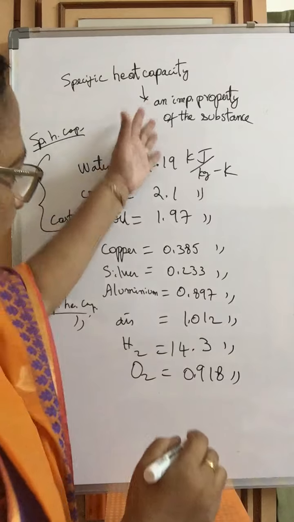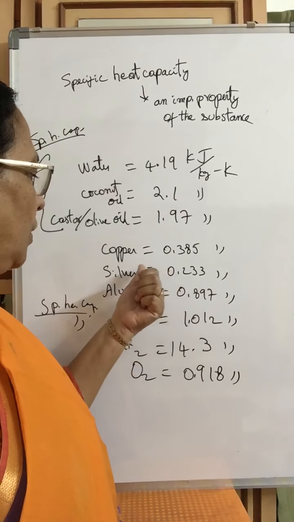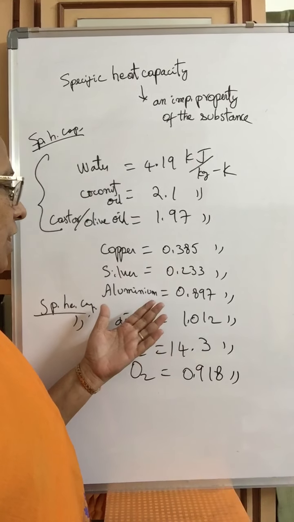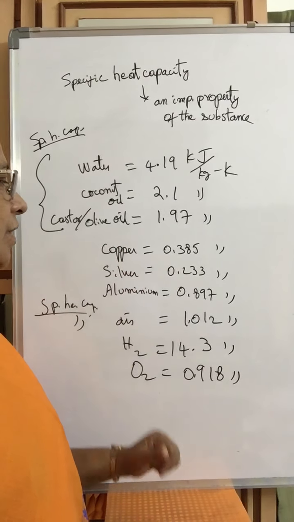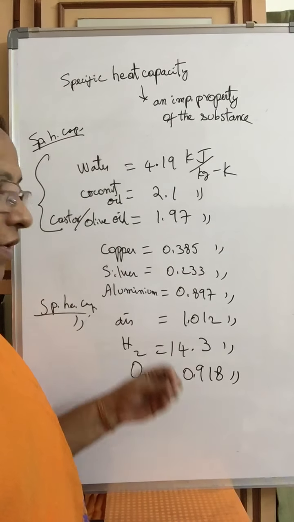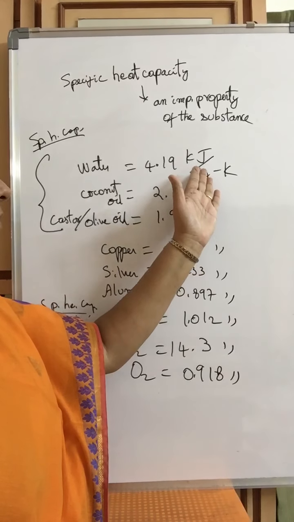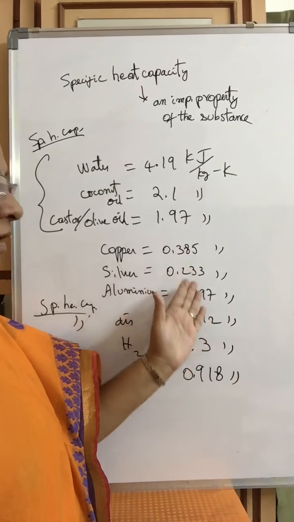Suppose we want to select a material of construction. Is copper good or is aluminium good? How can we select? Depending upon the specific heat capacity values, we can select.